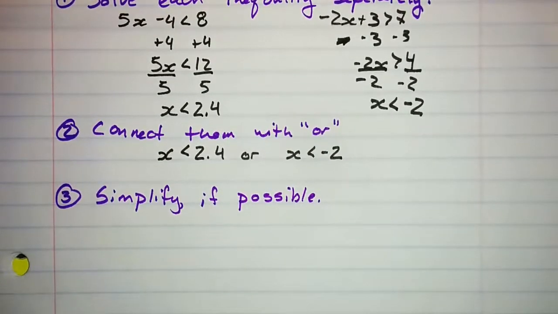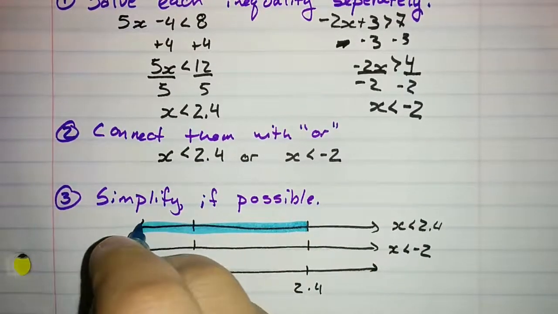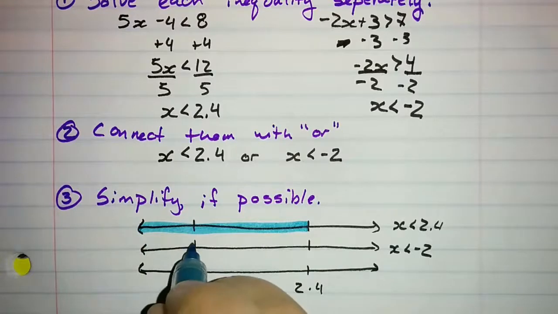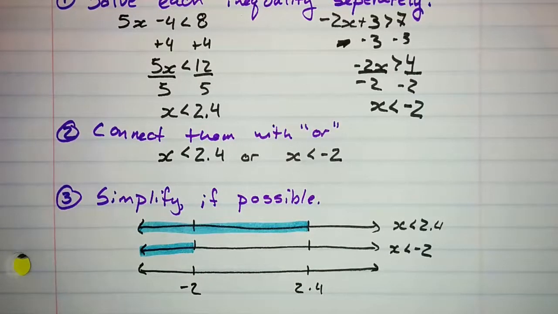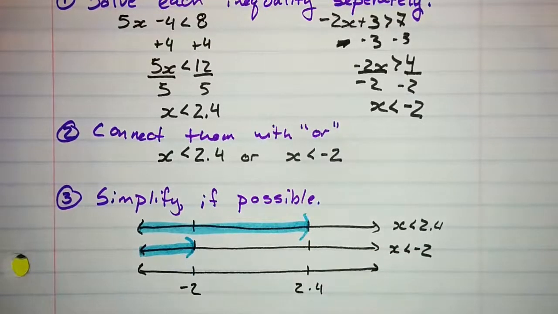And we do pretty much the same thing. We draw three number lines. X is less than 2.4. X is less than negative 2. But now we don't look for where they overlap. We look for the points that are on at least one of the rays we marked, right?